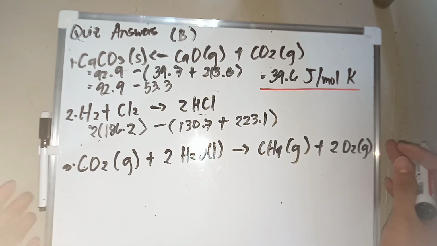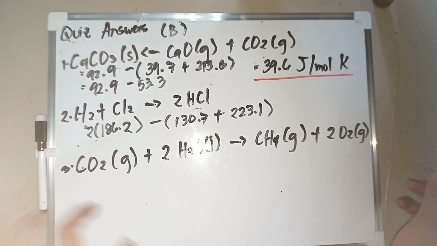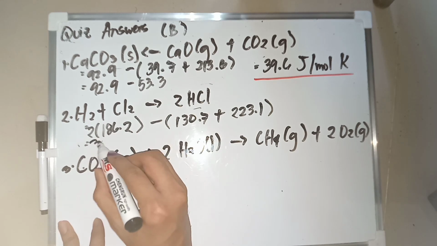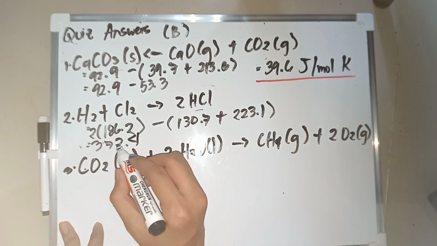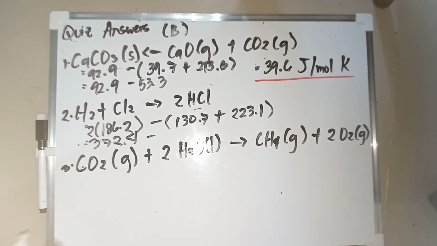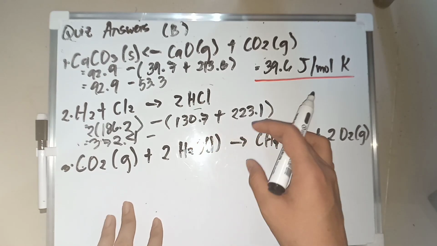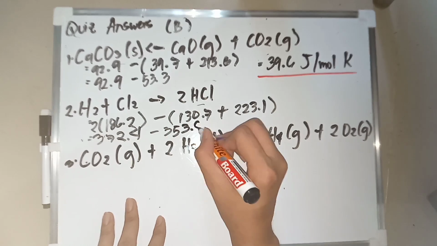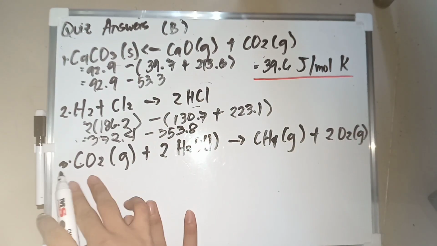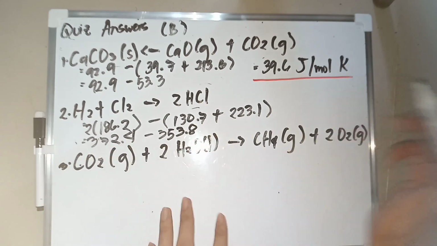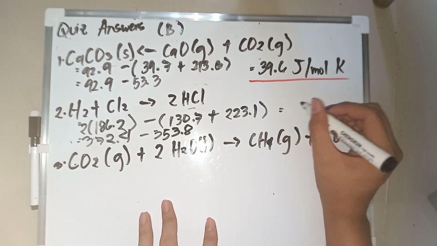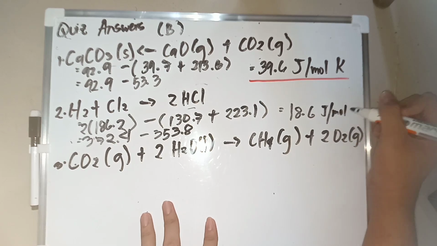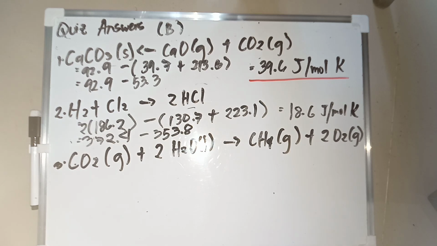Remember, the values are in the chart that I showed earlier. 186.2 times 2 is 372.4, minus 130.7 plus 223.1, which is 353.8. We subtract the sum of the reactants from the sum of the products, so it equals 18.6 joules per molecule Kelvin. That is our answer.